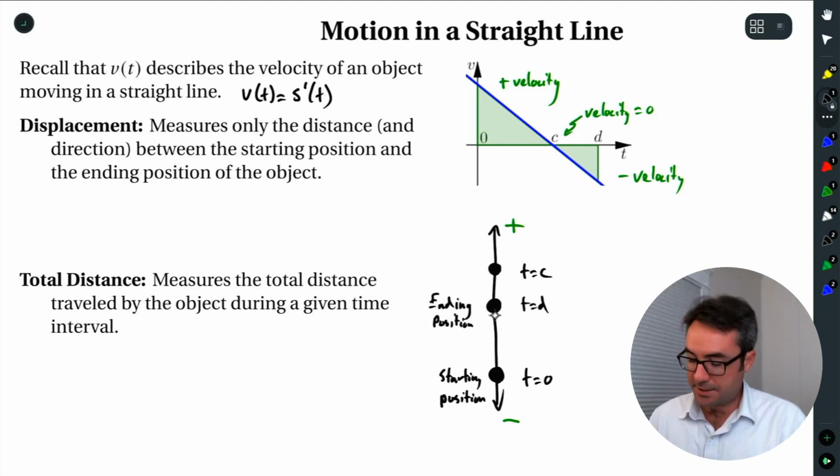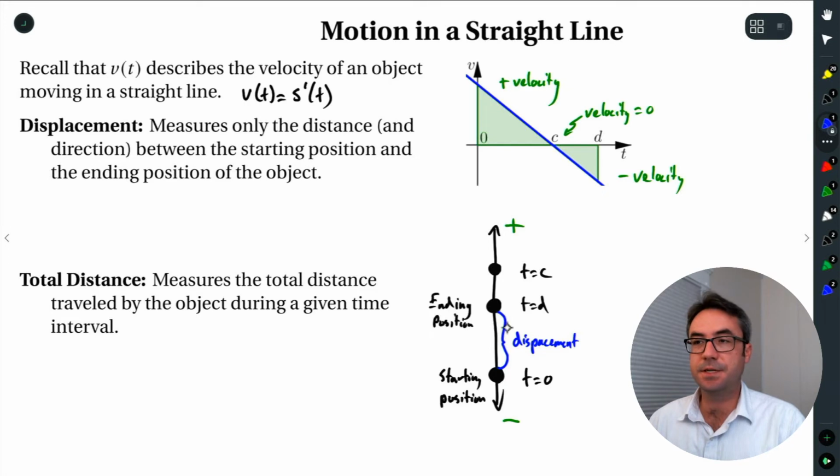Looking at this little diagram, the displacement is right here. The difference between these two locations is our displacement. It's our ending position minus our starting position. In this case, the displacement is in the positive direction, and we've moved up a little bit. So displacement would be positive in this case.